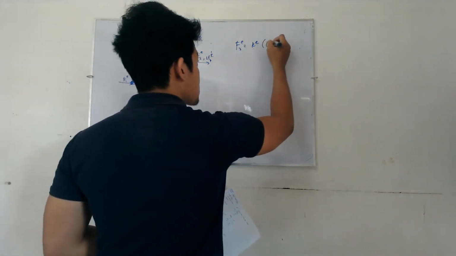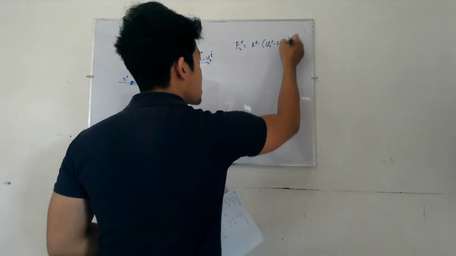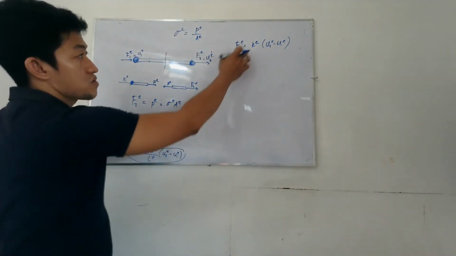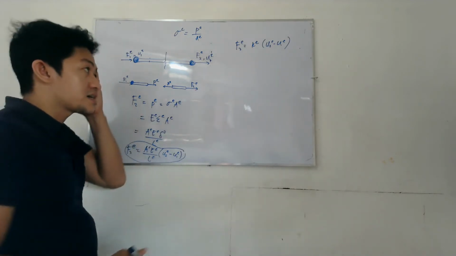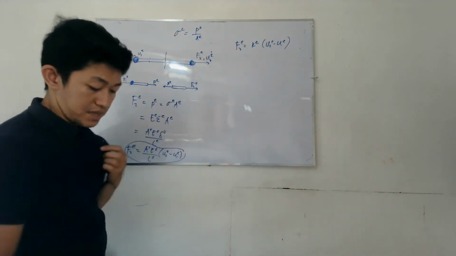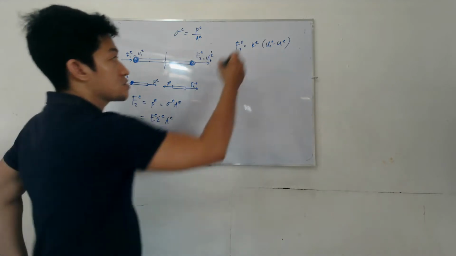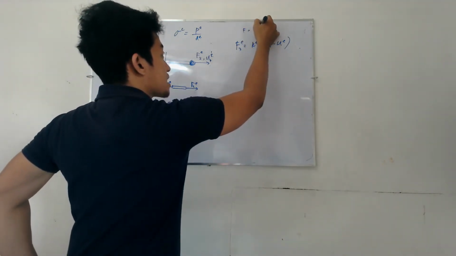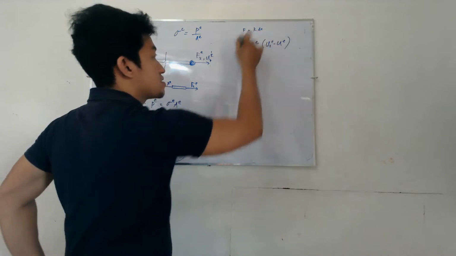times U2E minus U1E. Okay? Your force is just equal to K times the displacement, no? So F equals K delta X, no?